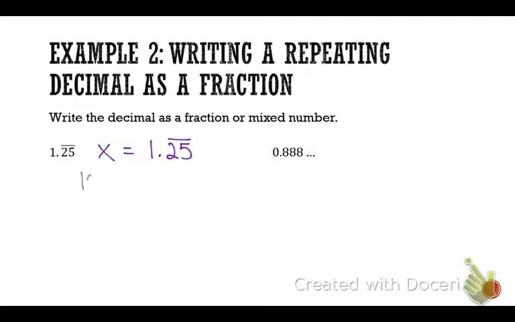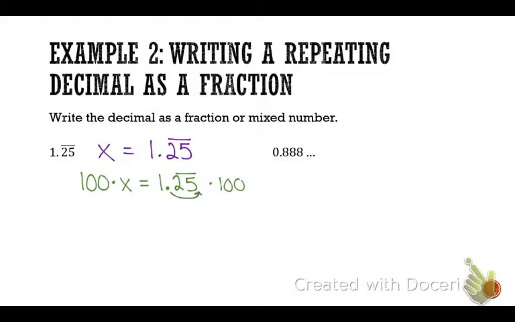So 100 times x, I'm going to multiply both sides, 1.25 repeating times 100. When you multiply something by 100, what happens to your decimal point? It moves to the right, however many places. With 100, it would move to the right 2 places.